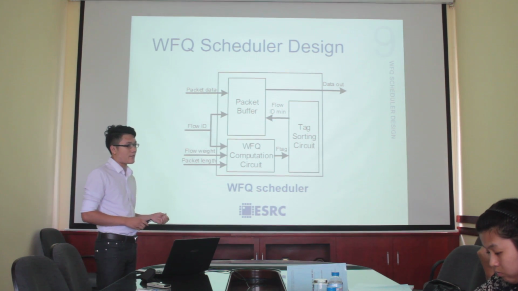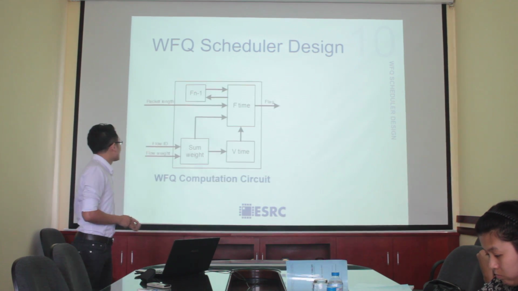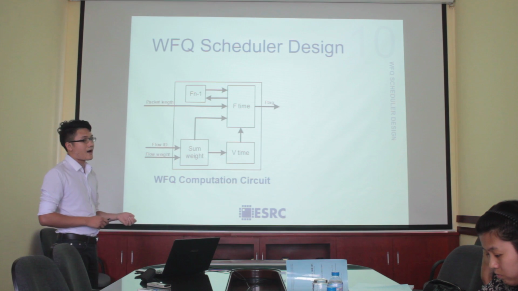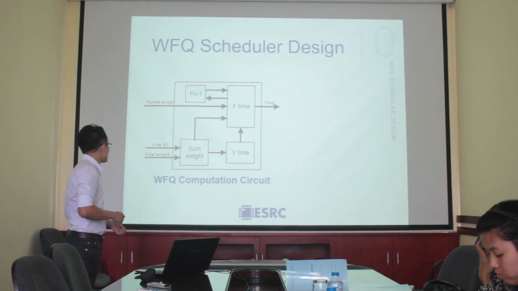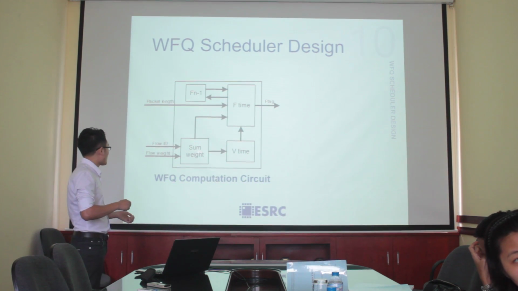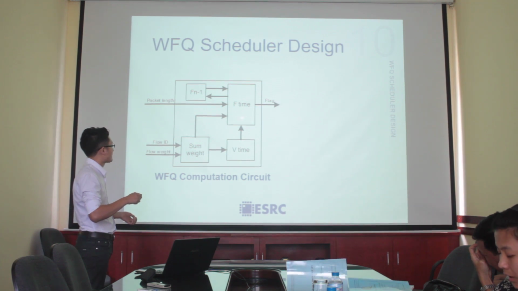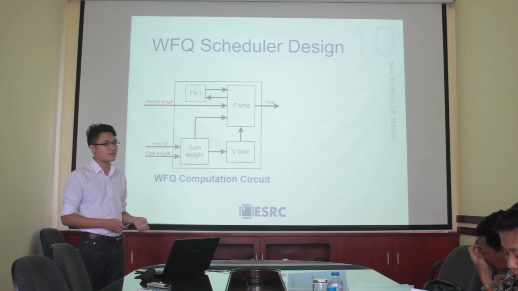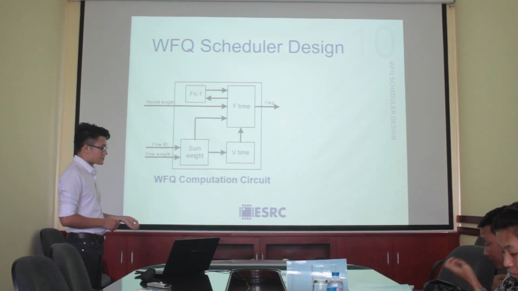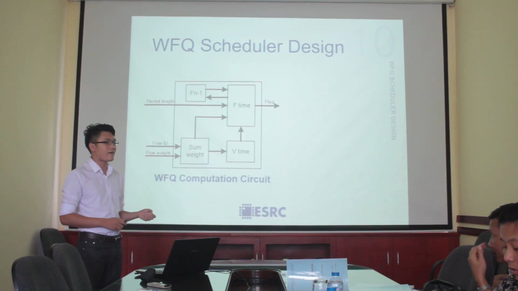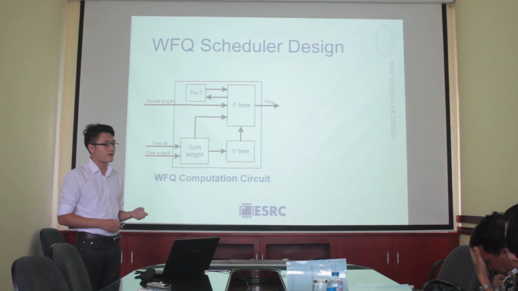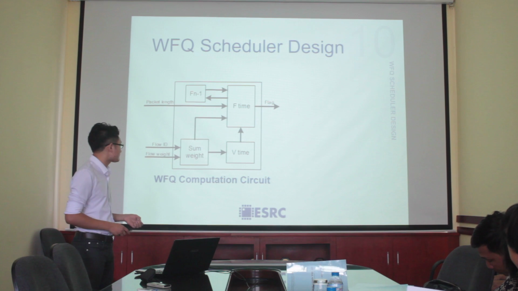Now we'll go to the specific design for each block. First is the weighted factoring computation circuit. All of the algorithm is placed here. In this circuit, we have three main blocks: sum weight, V time, and add time. Sum weight calculates the sum of the weights of the active flows in the system, and it also measures the time between two events: arrival of a packet into the system and departure of a packet from the system.